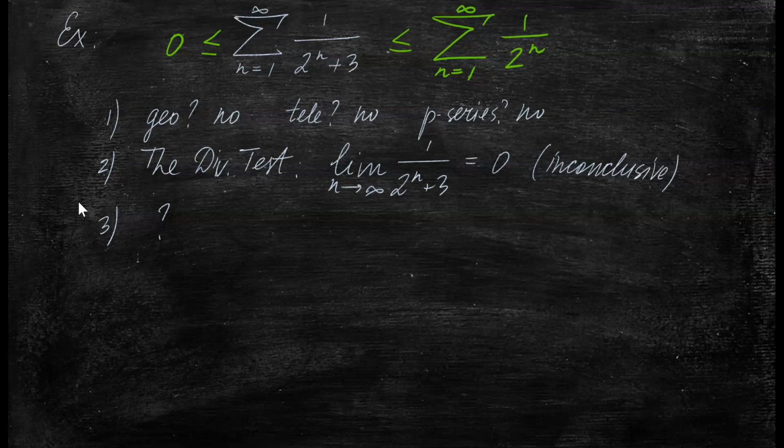But what's nice about this series is that this is geometric, and geometric series converge when the common ratio is less than 1. So make sure you don't get mixed up the condition for the geometric and the P series.